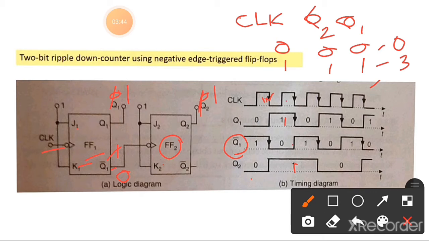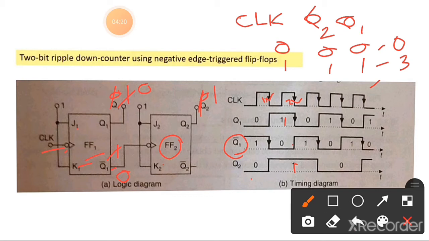So during the second clock pulse: after the first clock pulse, the outputs Q2 and Q1 are 1, that is, the state of the counter is 1 1. Next, at the negative going edge of the second clock pulse, Q1 is changed from 1 to 0.